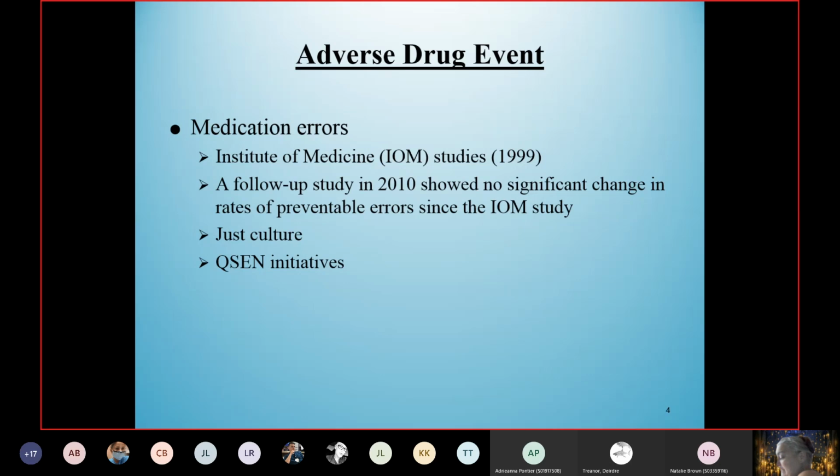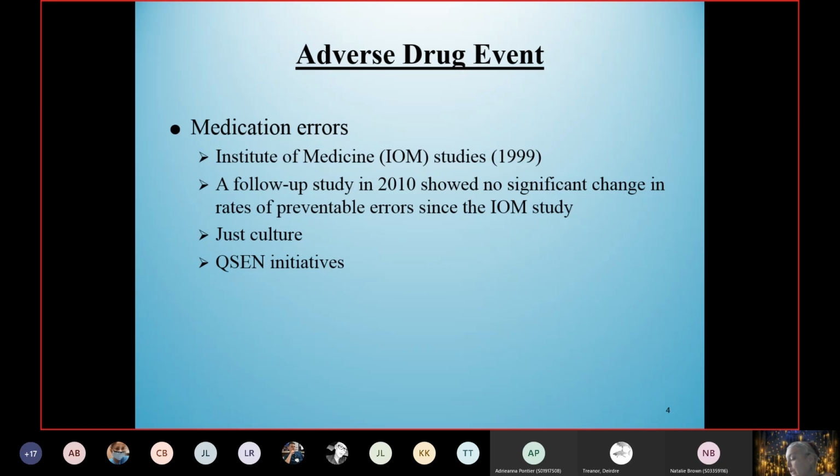So the key to preventing errors is to recognize that reporting an error shouldn't be punitive towards the person reporting it. In other words, if you make a medical error or a medication error, it shouldn't be used as a punishment for you.